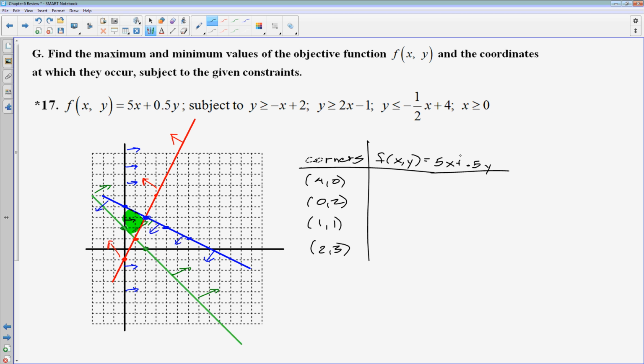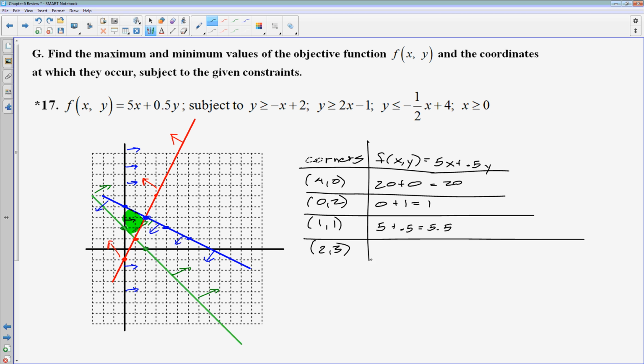Okay, so 5 times 4 is 20 plus 0.5 times 0, and that's 20. 5 times 0 is 0 plus half of 2 is 1. Okay, so then I have 5 times 1 plus 0.5 times 1, which is 0.5. So that gives me 5.5.